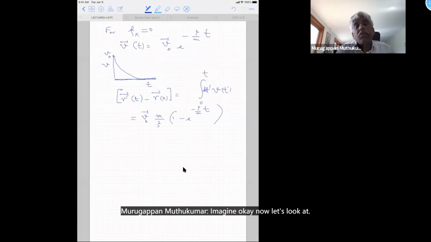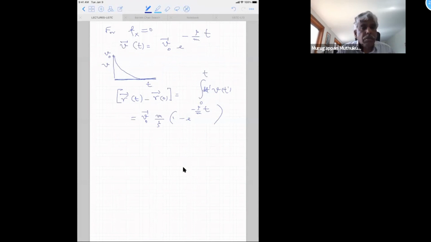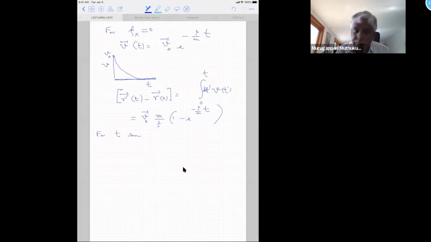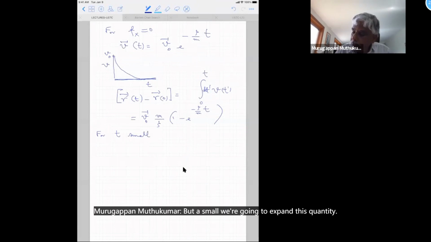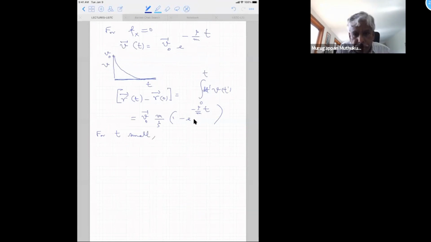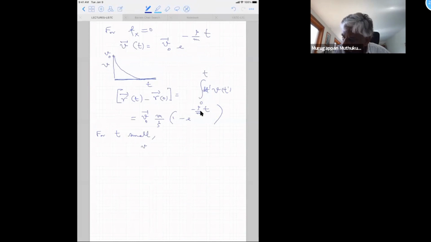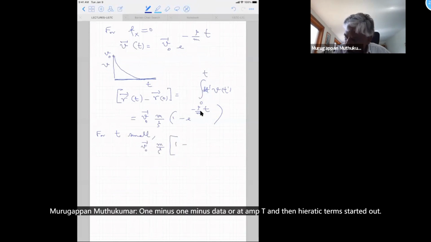Now let's look at t very small. This is the displacement for t small. For t small, we can expand this quantity, e to the minus a small number. That will give me v0 m over zeta times 1 minus 1 minus zeta over m t, and then higher order terms.